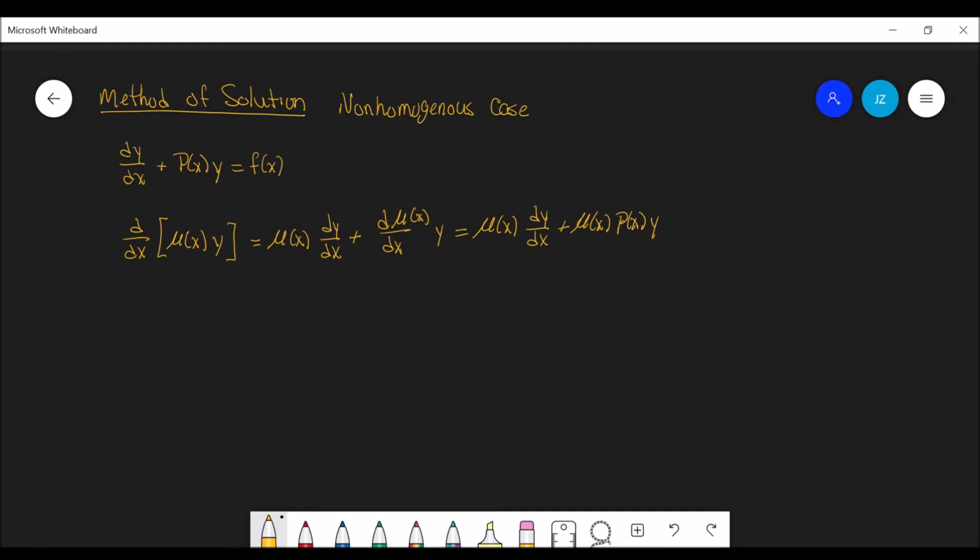So this is true provided that d mu dx is mu of x times p of x. We can solve for mu now by using separation of variables.